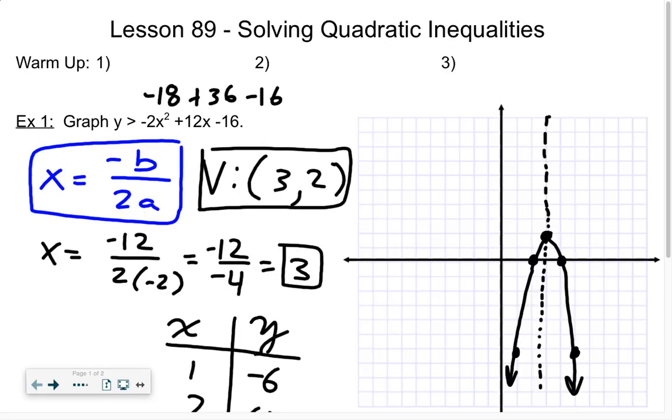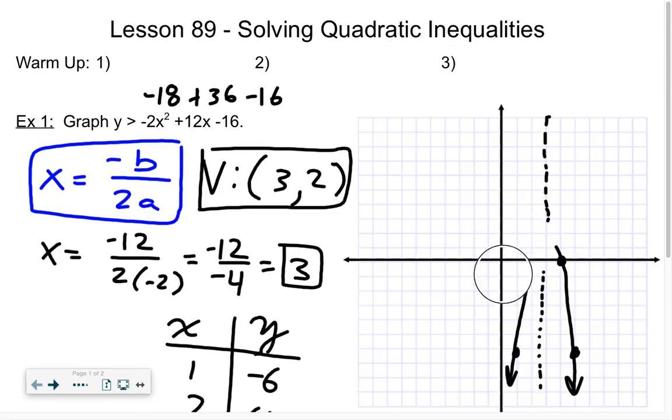What's wrong with this graph here? No, I think we plotted the points correctly, the spacing, Caden. The line's not dotted. Yeah, very good. Should be a dashed line, right? Go back to your inequality symbol. Y is greater than that expression, therefore it needs to be a dashed line.